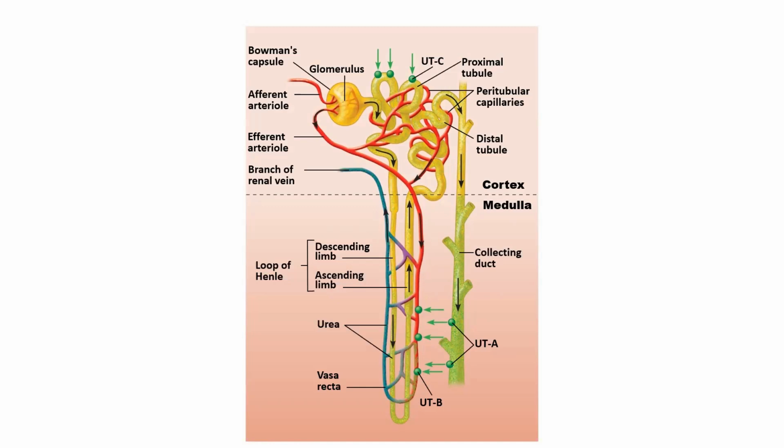Remember, water is moving, solutes are moving in this direction. And so in order to keep the gradient within the vasa recta, we see the movement of this urea into the descending limb of the vasa recta, which is facilitating that movement happening in the ascending limb of the loop of Henle. Okay. I hope I didn't further confuse you, but that may make a little bit more sense as we keep going here.